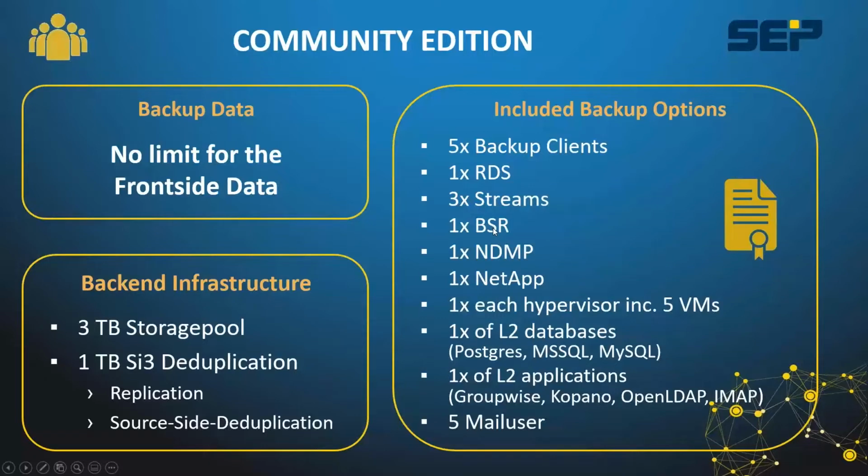Bare metal restore is included. NDMP, NetApp, always 1 license for this. You could use whatever hypervisor we support. You can use it with 5 virtual machines included, some of the level 2 databases and some of the level 2 applications, and also 5 mail users included.